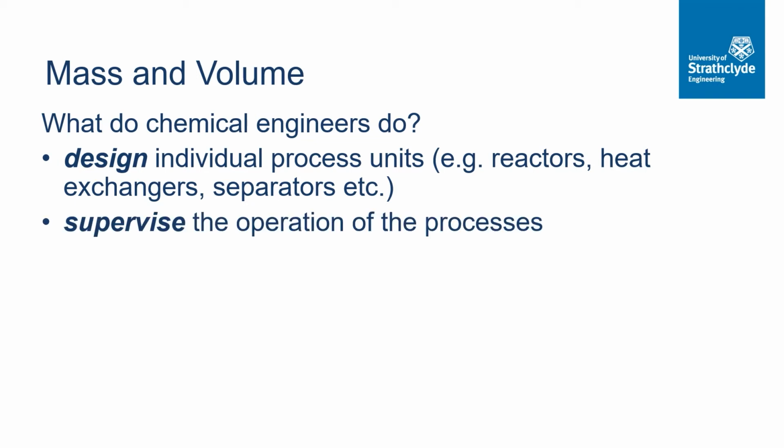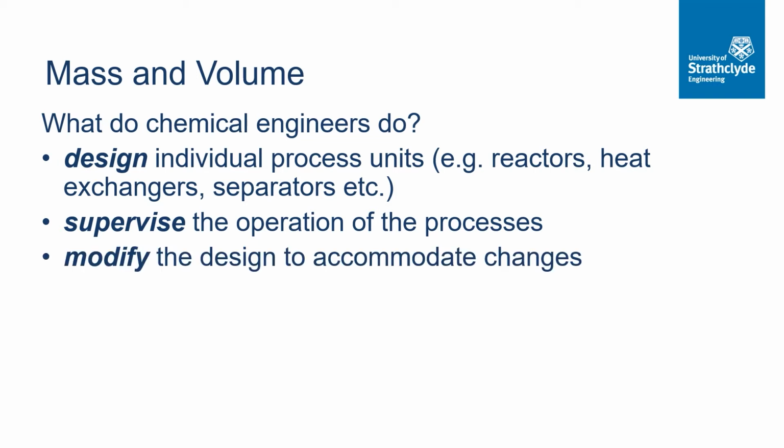Chemical engineers also make sure that everything is working well with said units, and also that irregularities are identified and controlled. Chemical engineers also make changes to processes to accommodate for changing qualities of feedstock, increased demand, etc.